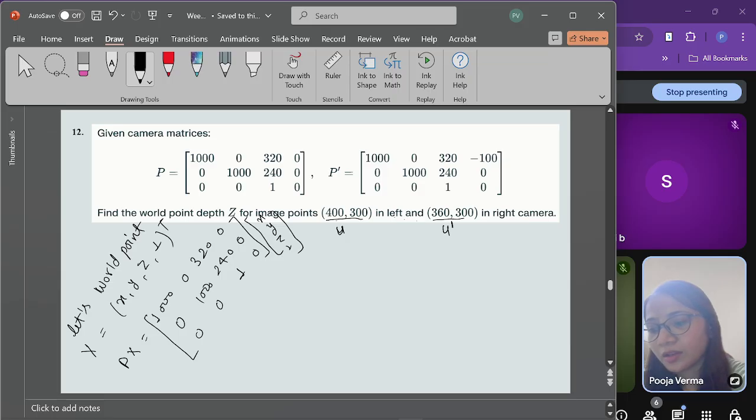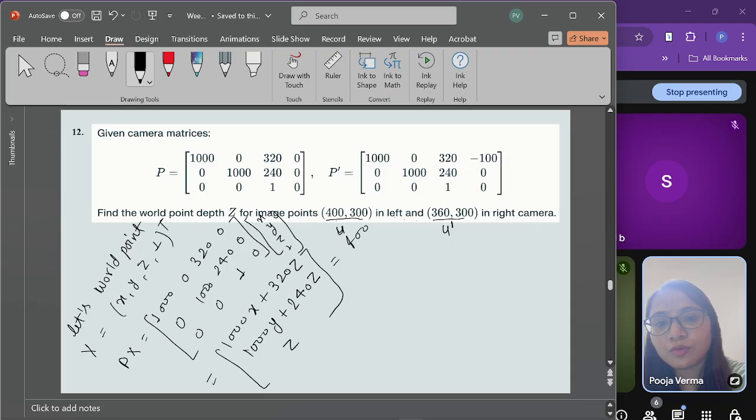Similarly to the earlier question, we get 1000x plus 320z, then 1000y plus 240z, and then z. We equate it with the left 2D image point, 400, 300, where this is u and this is v, and here u dash and v dash.